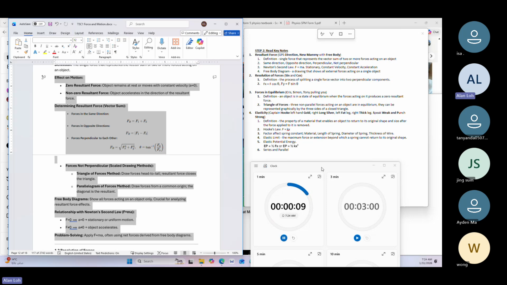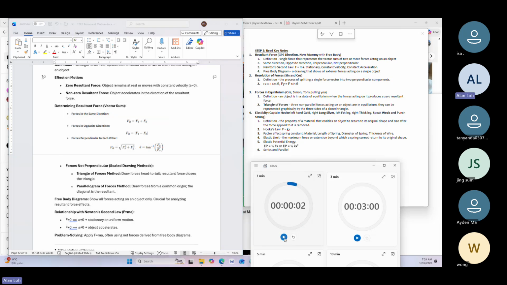Ten more seconds. All right. So this is drawer number 1.